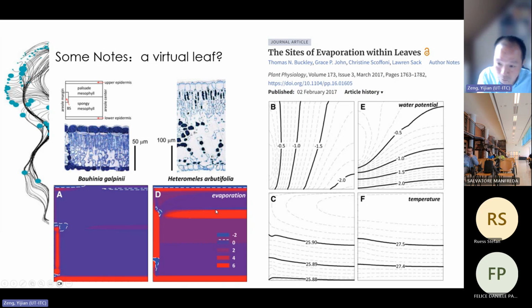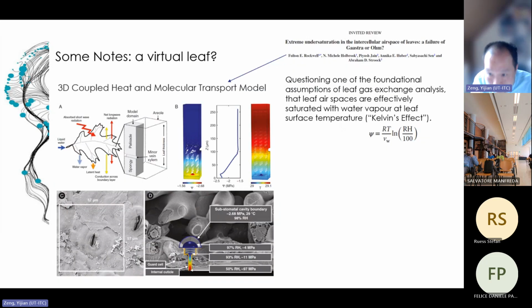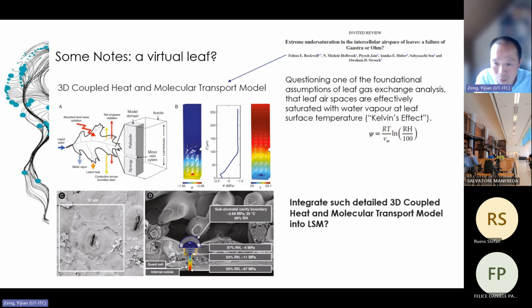Imagine the leaf is very small, and you're trying to understand where the evaporation takes place. You can also use 3D to do that. So the question comes: processes are more detailed, and detailed processes are developed every day. Are we going to include all these very detailed processes into the land surface model? The answer could be yes and no, but it depends on the purpose of the soil plant digital twin you are aiming for.